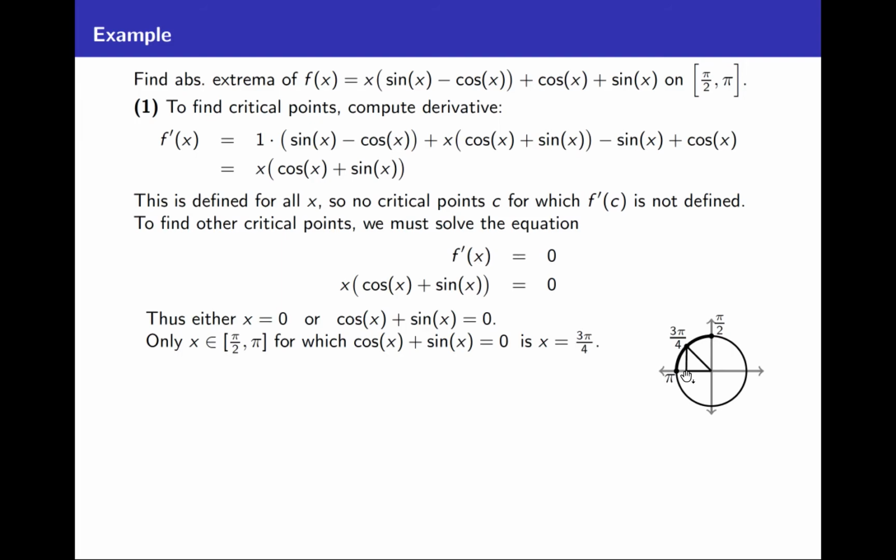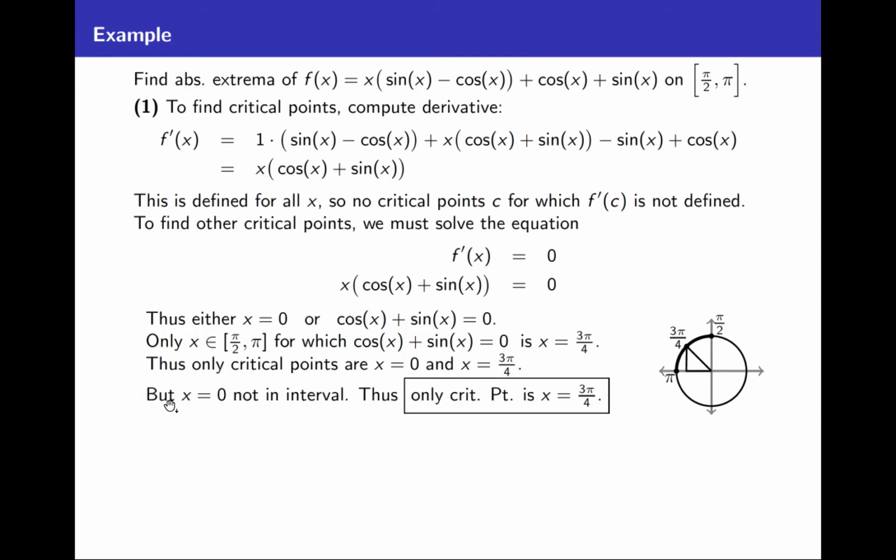And the vertical side is sine of 3 pi over 4. From the triangle, we see that's positive square root of 2 over 2. Negative and positive, they're equal values, and they cancel out here and give us 0. So the only x in the interval from pi over 2 to pi for which cosine of x plus sine of x equals 0 is x equals 3 pi over 4. Therefore, the only critical points we're picking up here are x equals 0 and x equals 3 pi over 4.